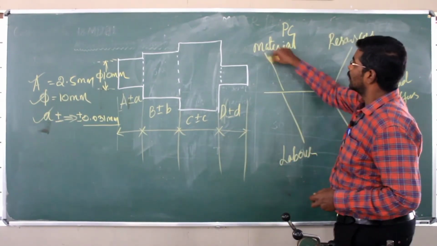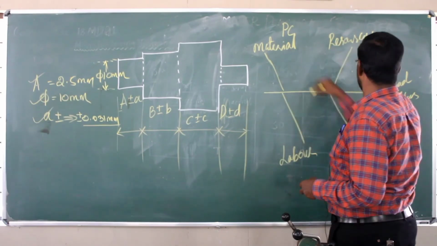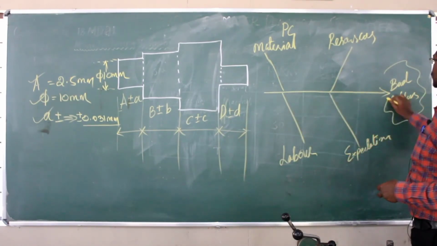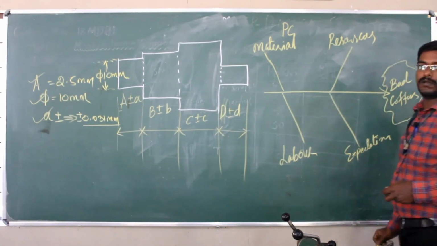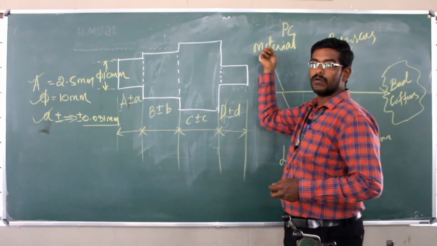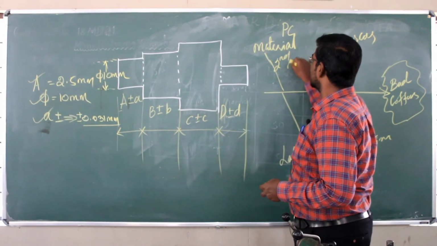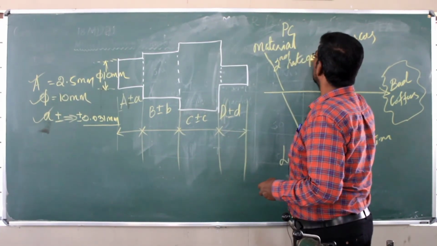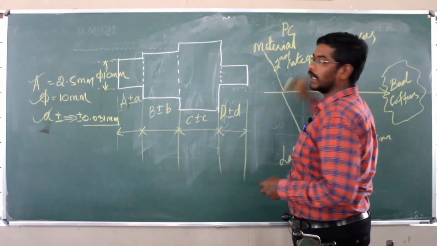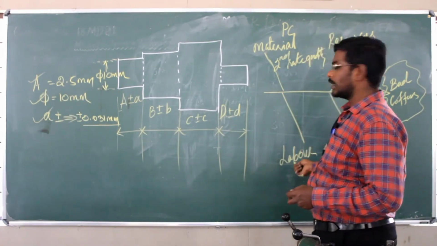Here the material is bad coffee, so how will he choose the material? It may be second-rated quality.